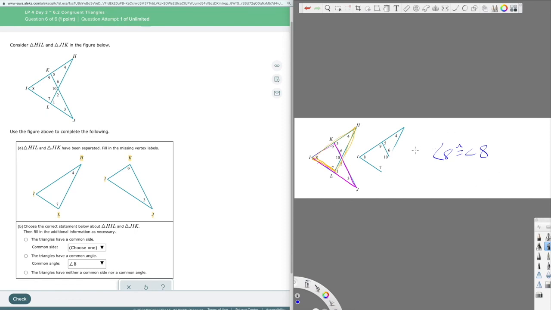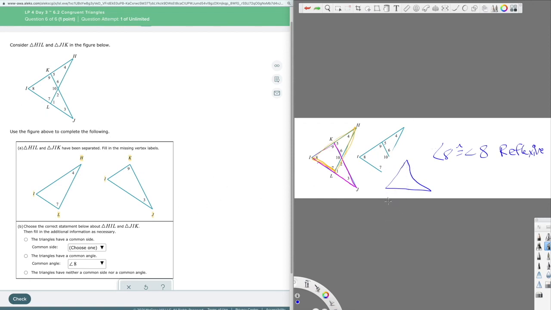So I'd say angle 8 equals angle 8, and this is by reflexive property. So this is a statement, this is a reason that I can use in a proof to show that angles are congruent to each other or sides are congruent to each other. So if we had something like this, this is a very common one, where we have two triangles back to back, well, this is a shared side. So we would use reflexive on that one.